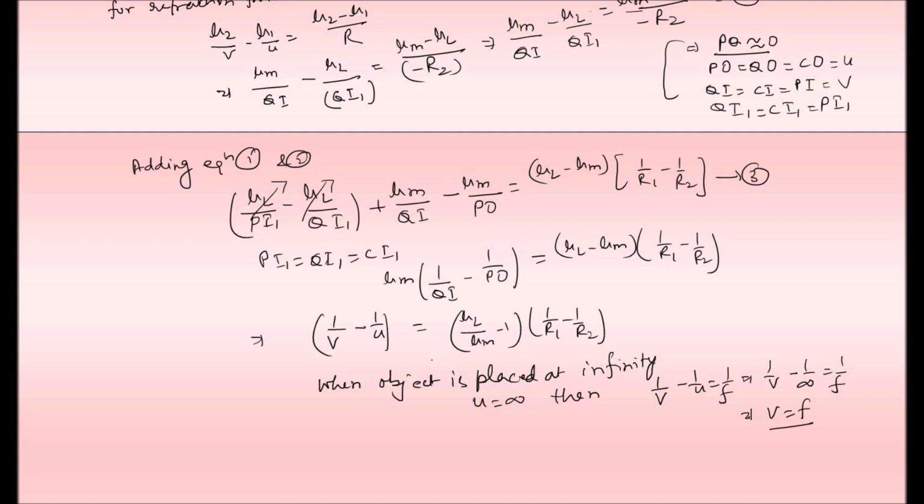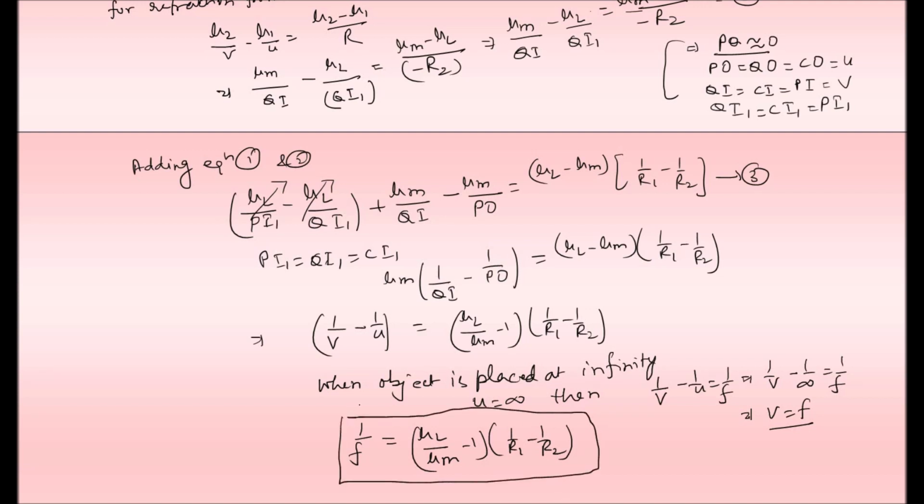So if we put the value of u is equal to infinity, we get v is equal to f, and from there we get 1 by f is equal to mu l by mu m minus 1 into 1 by R1 minus 1 by R2, and this is our lens maker's formula.